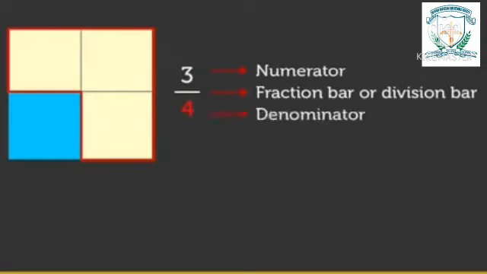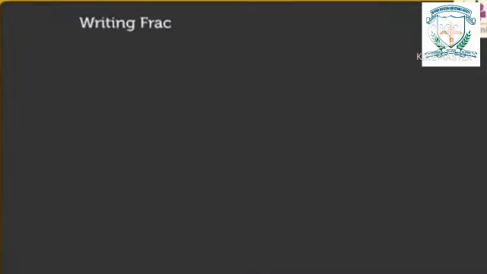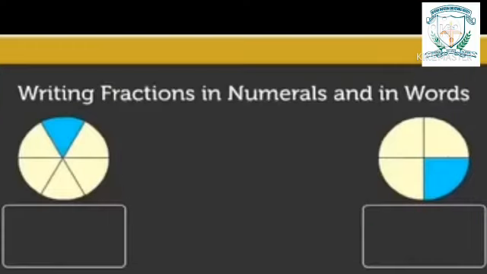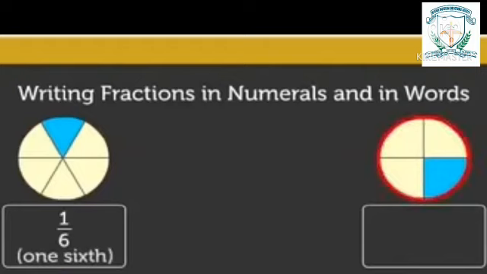Now, let us see how to write fractions in numerals and in words. The fraction for the colored part in this figure is written in numerals as 1, then division bar, then 6 below it. And we say 1/6 in words.